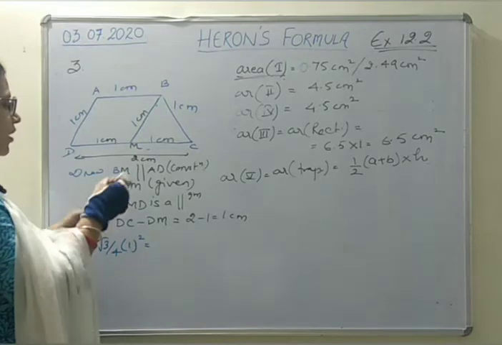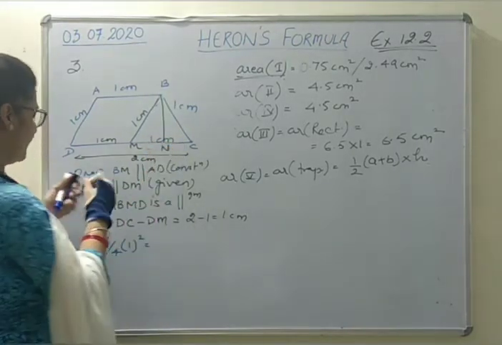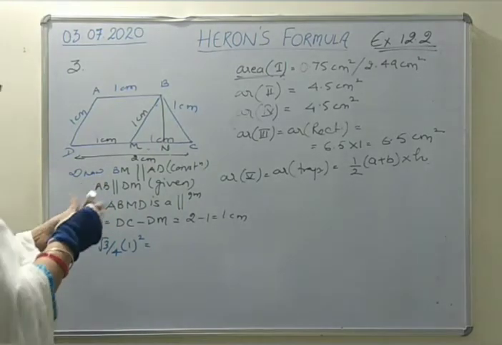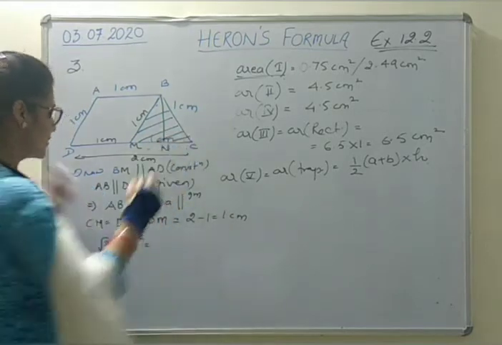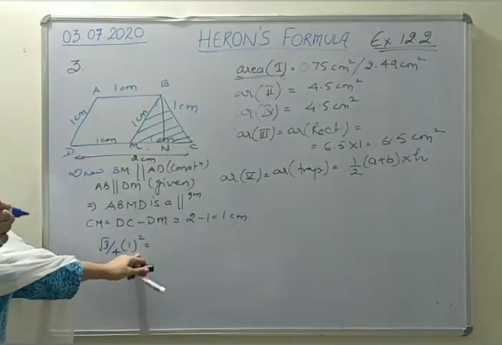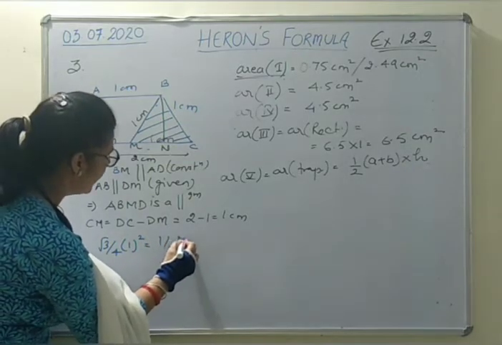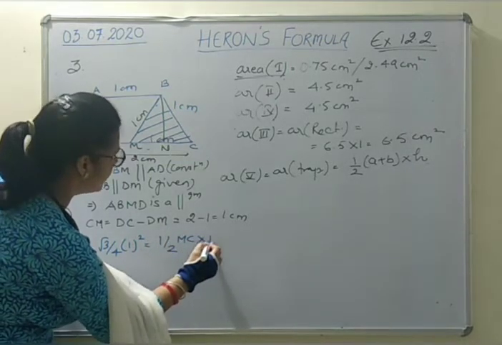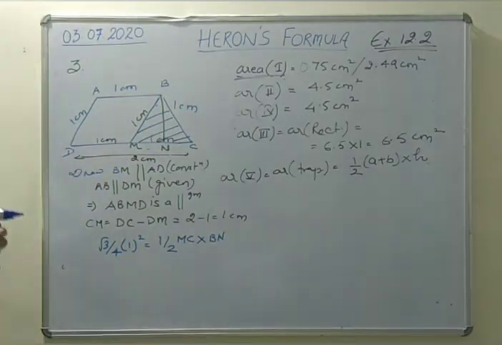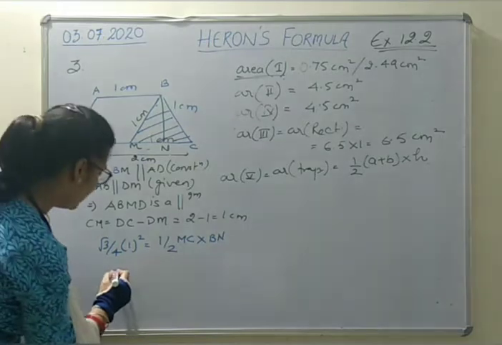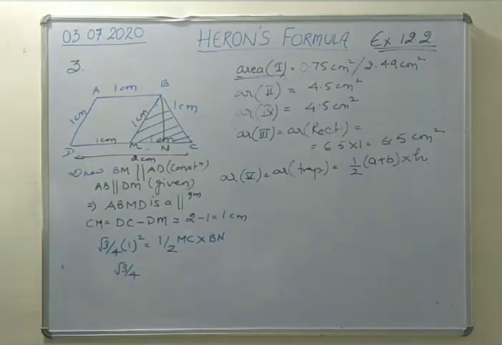And if we draw the altitude of this, the area of this triangle is equal to root 3 by 4, 1 square, and the same thing can be written as half CM into BN. So root 3 by 4, 1 square means 1.